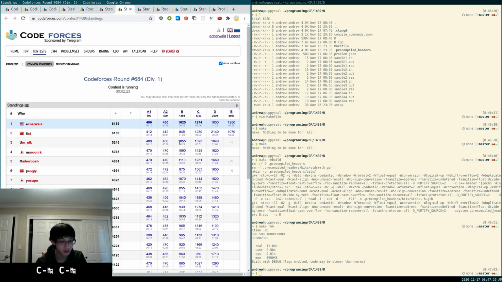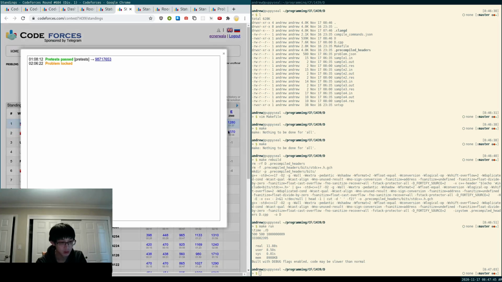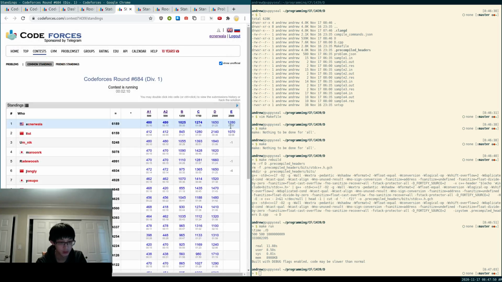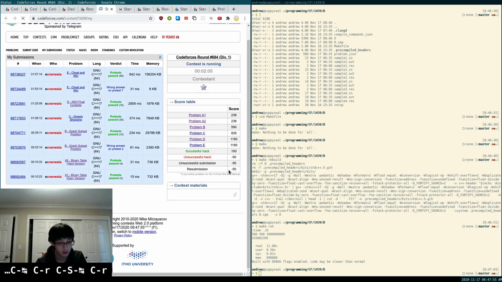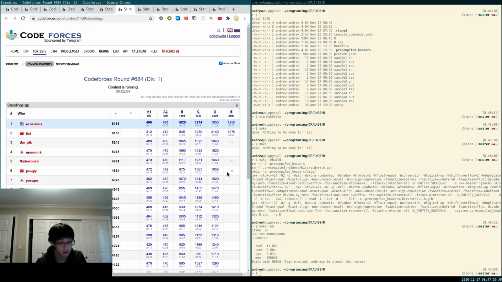I really don't understand why D was so hard. C was definitely a tougher data structures problem, I feel. But yeah, I guess I just pulled through and solved D and E fast enough.